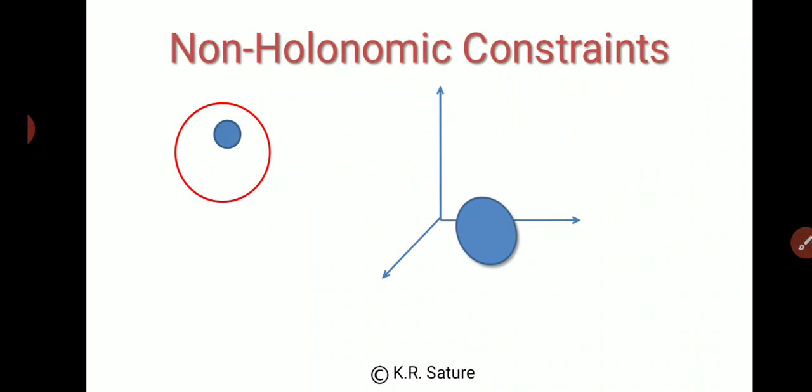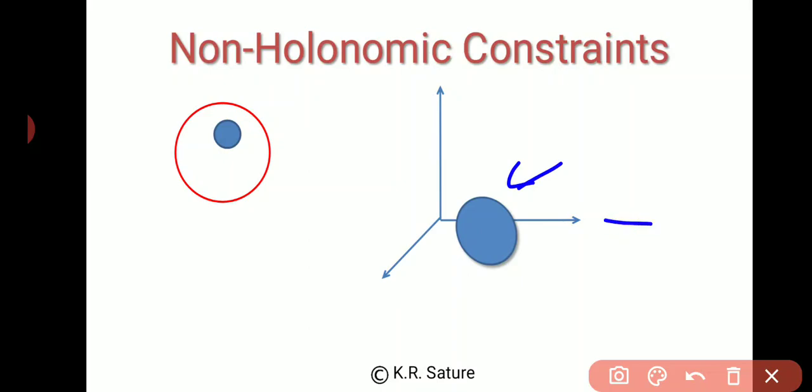There is one more example. Let's consider a coin. That coin is vertically placed on the ground. So this is my x coordinate, this is my y coordinate, this is my z coordinate. Now if I consider this point as P, then the maximum height that point can achieve is the diameter of the coin.